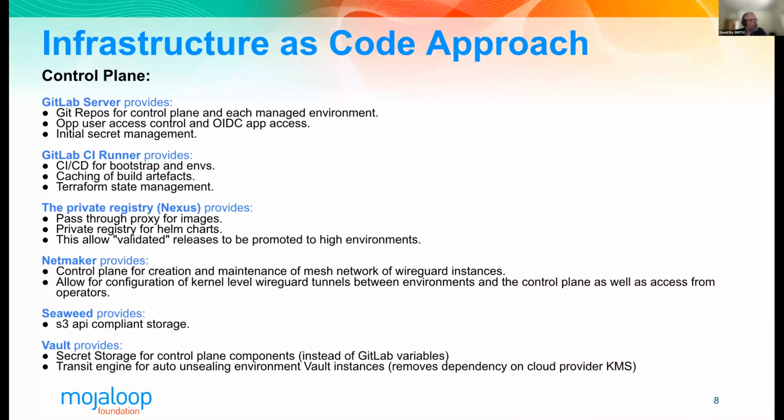So I'm going to quickly go through these. The control plane I've already mentioned, and this kind of goes into exactly what benefits each of these components provides. And I think I've talked about all of these. NetMaker is the meshed WireGuard VPN tool that I talked about.